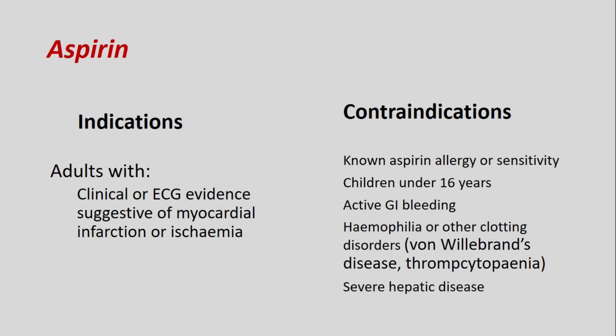Children under the age of 16 is an interesting one, however, and this is because in children under the age of 16, aspirin may precipitate a syndrome called Reye's syndrome. Now, Reye's syndrome is rare but serious, and it causes swelling in the liver and the brain and has almost a 50% mortality rate.